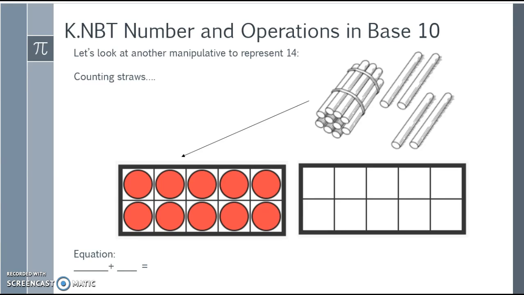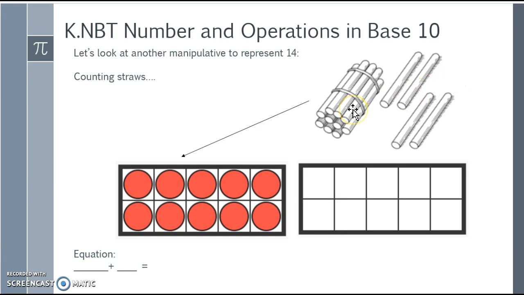Let's look at another manipulative to represent 14. So let's say I have our group of straws here. I've bundled 10 groups of 1, so now I have one group of 10. And I have 4 individual straws hanging around. Well, I can also attribute that to my 10 frames.